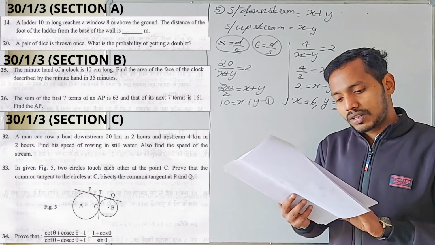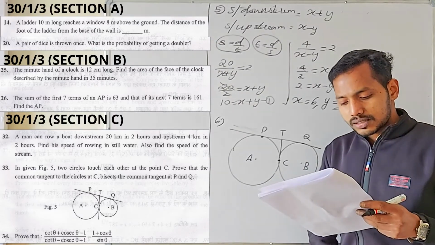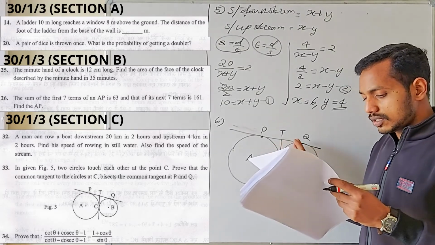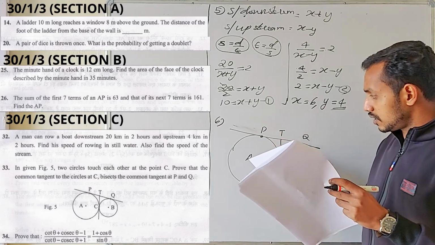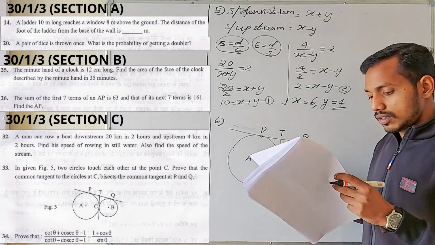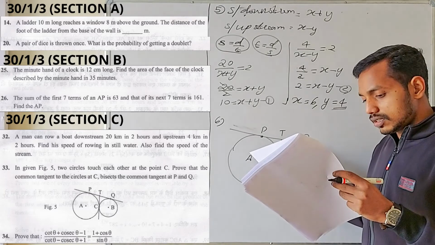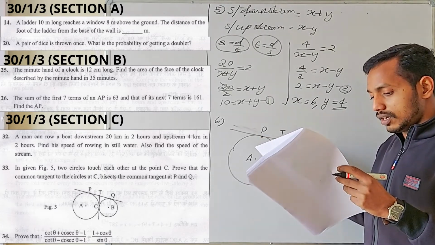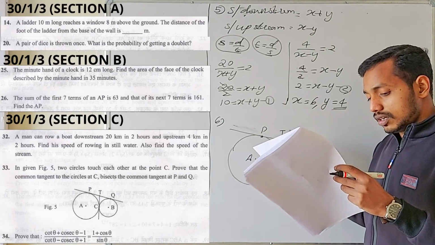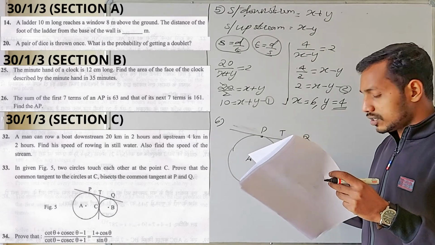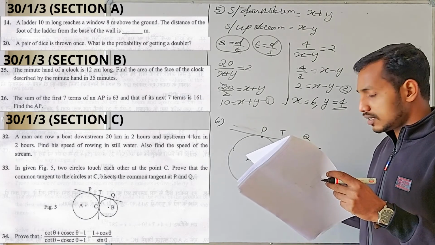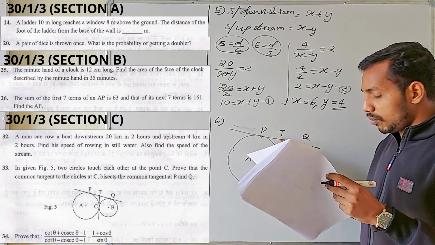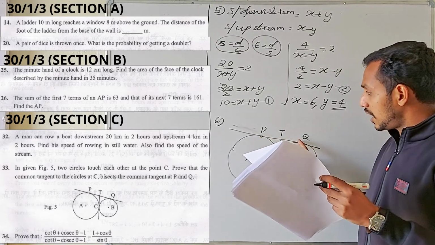Very simple one. Here, two circles touch each other at the point C. Prove that the common tangent to the circles at C bisects the common tangent PQ.